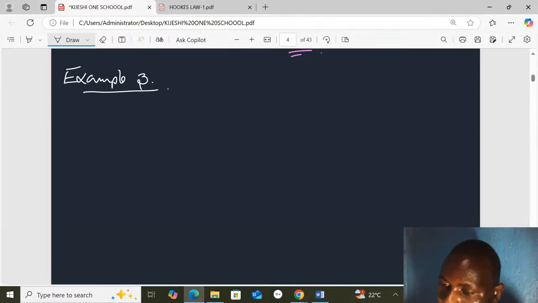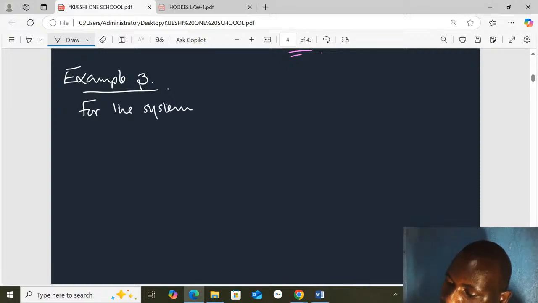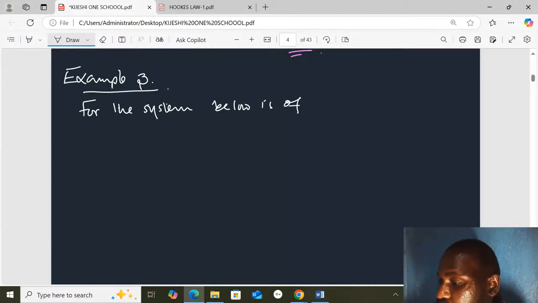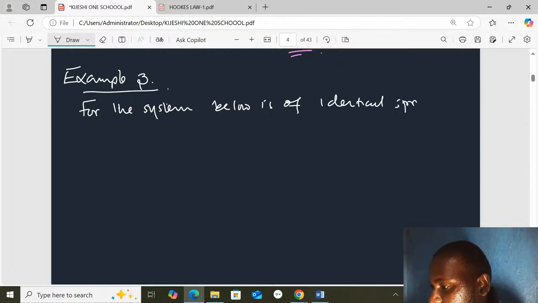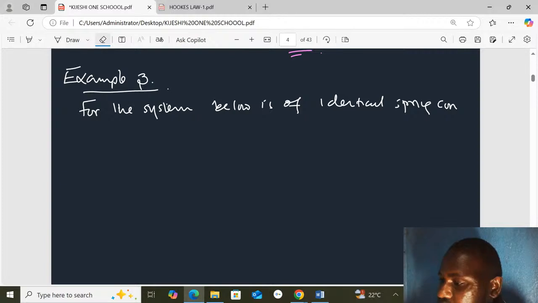We thought that for the system below, is of identical springs.